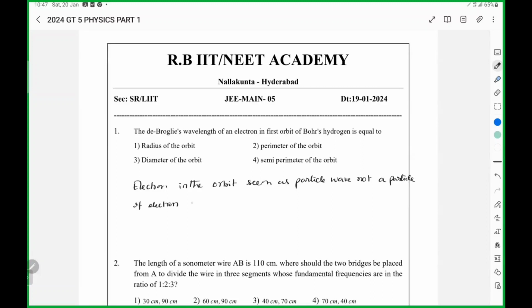If the electron is moving in the nth orbit of radius Rn, then the circumference is 2 pi Rn, which is n times lambda.